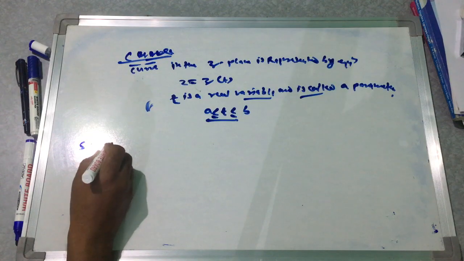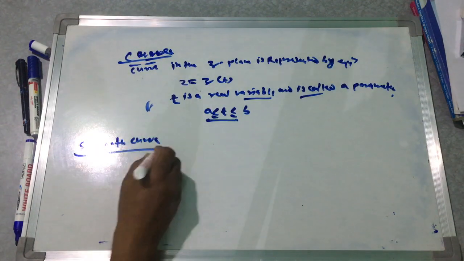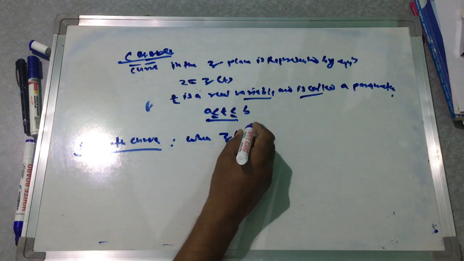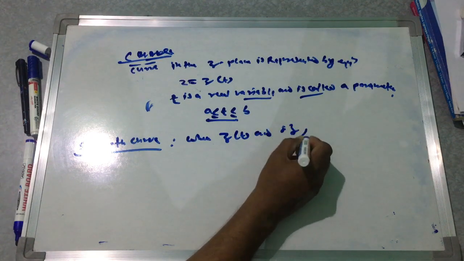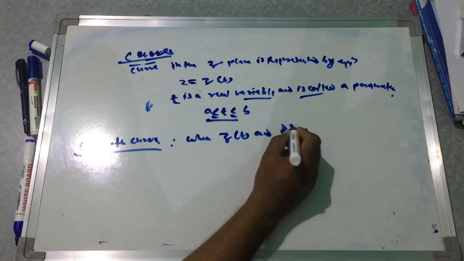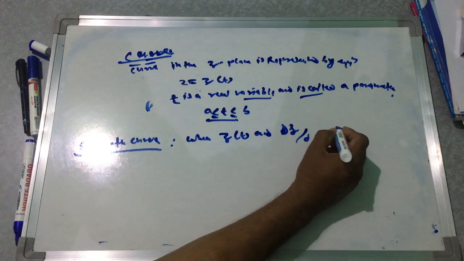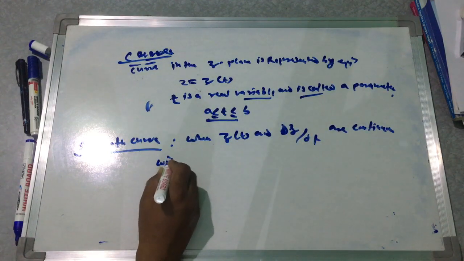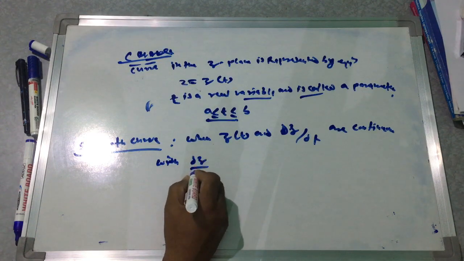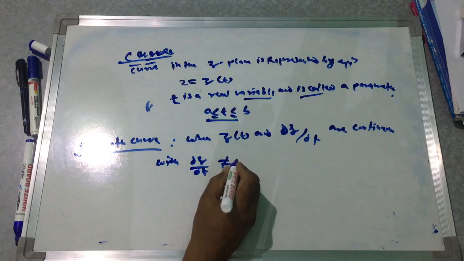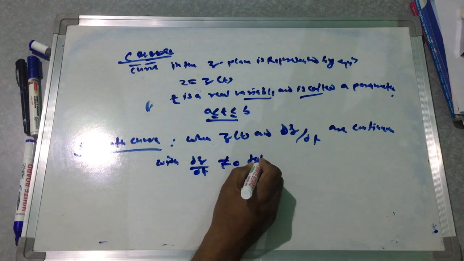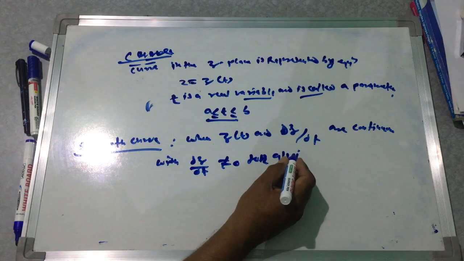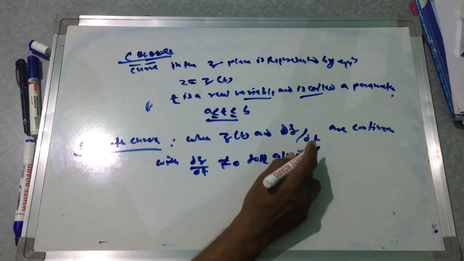Now the smooth curve. A curve is smooth when z of t and dz by dt are continuous, with dz by dt not equal to 0 for all t.